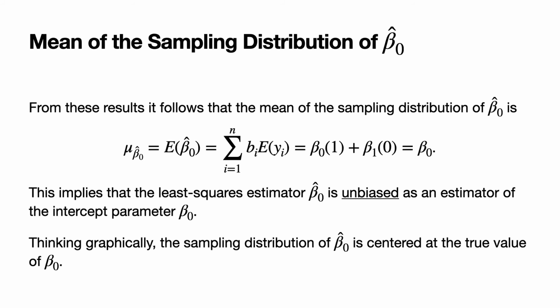From these results, it follows that the mean of the sampling distribution of beta 0 hat is equal to beta 0. And so the least squares estimator beta 0 hat is unbiased as an estimator of the intercept parameter beta 0. Thinking graphically, what this means is that the sampling distribution of beta 0 hat is centered at the true value of beta 0.